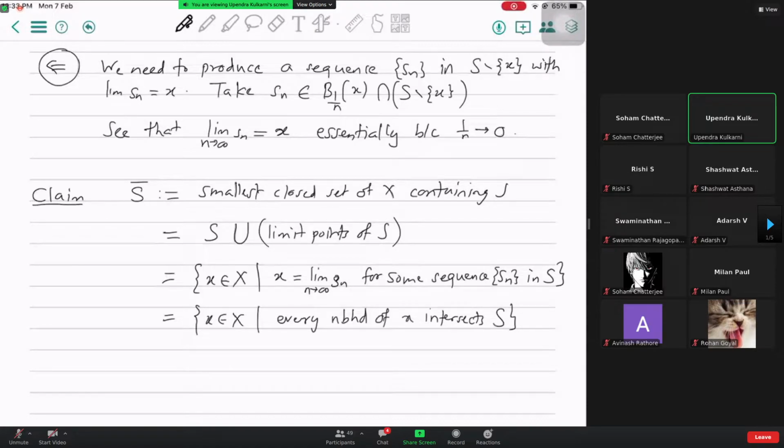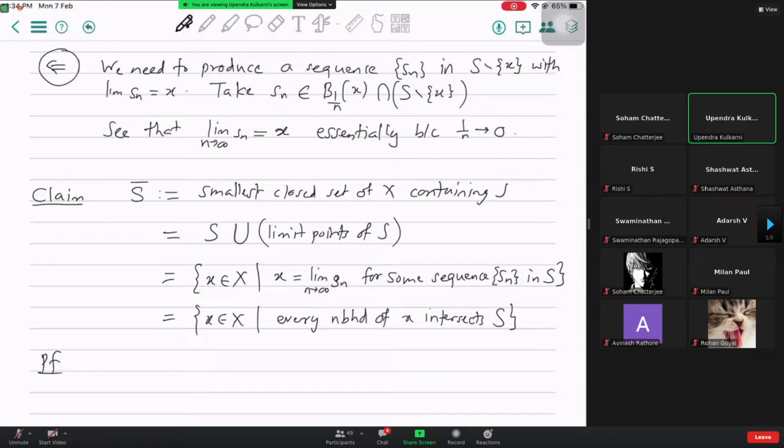Okay, so just take a moment to see this and let's prove. Yes, sir, we need to prove these equalities are the same, right? I mean, they do not directly follow from the definitions.